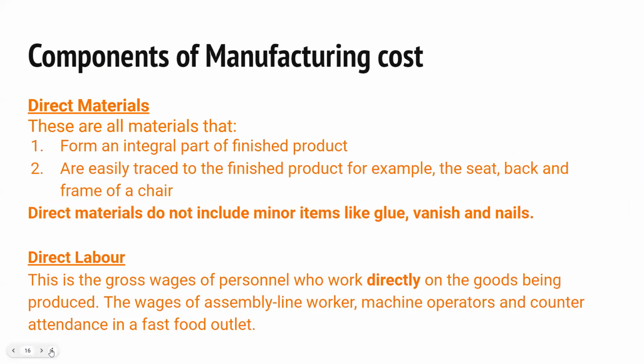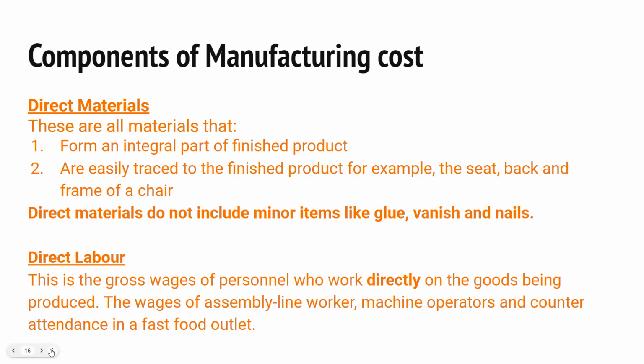So we saw that the components of your manufacturing cost included your direct materials. And these are all materials that form an integral part in a finished product, right? And the easiest way we could identify them is if they could be traced very easily to the finished product. So in our example, when we talk about the cars, they talk about the steel, maybe the wires, the lights. These things are materials that are going to be traced back to the vehicle.